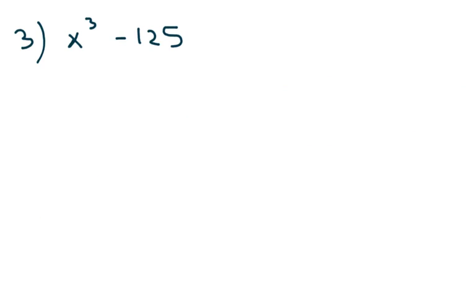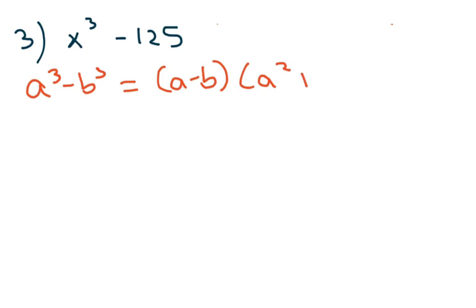Okay. The next one is the difference of cubes, and the formula is just this. A cubed minus B cubed equals a minus b times a squared plus ab plus b squared.